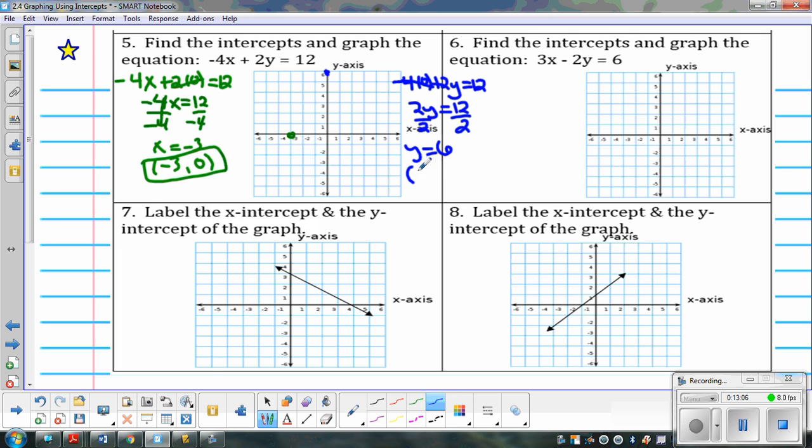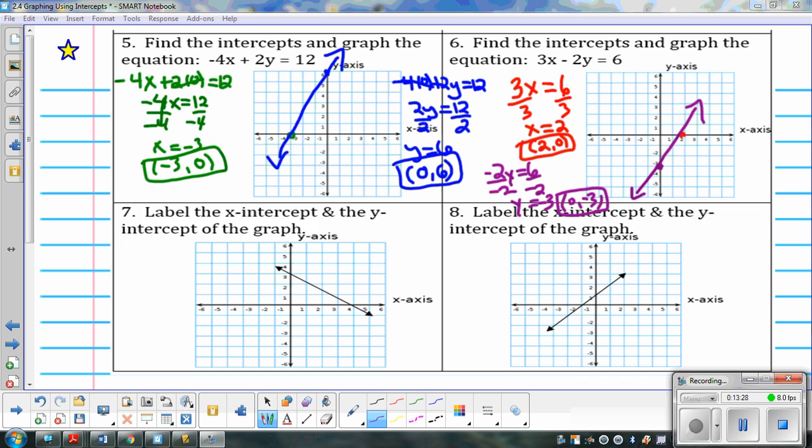So that is at the point 0, 6. So now, once we have our x-intercept and our y-intercept, once we have 2 points, we're able to connect them and put the arrows on the end. As soon as you feel comfortable with 5, pause the video and see how you can do on 6.